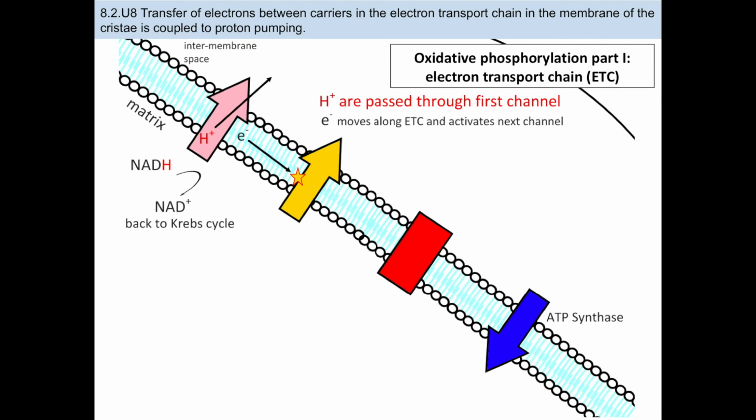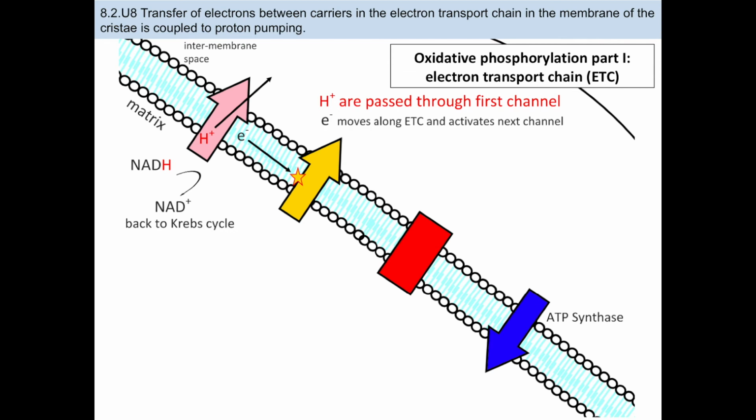Intermembrane space. Remember, you have plenty of NADH and FADH2, so all of those molecules will lose electrons. Remember I told you they picked up electrons from glycolysis and the Krebs cycle, and then here in the electron transport chain they lose them, in your electron carriers. These are protein pumps.